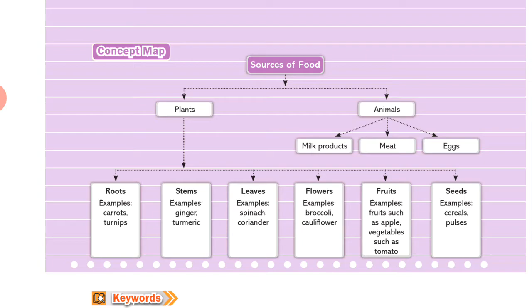Plants provide us roots, for example carrots and turnips; stems, for example ginger and turmeric; leaves, for example spinach and coriander; flowers, for example broccoli and cauliflower; fruits, such as apple; vegetables such as tomato; and seeds, for example cereals and pulses. Got it, dear students?